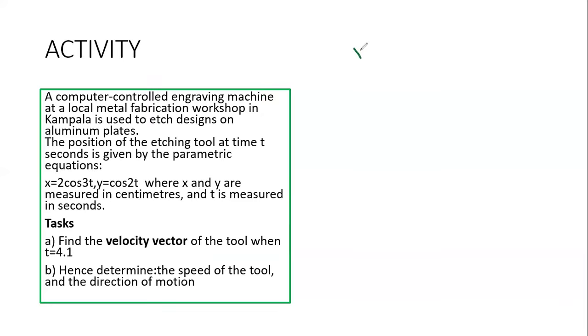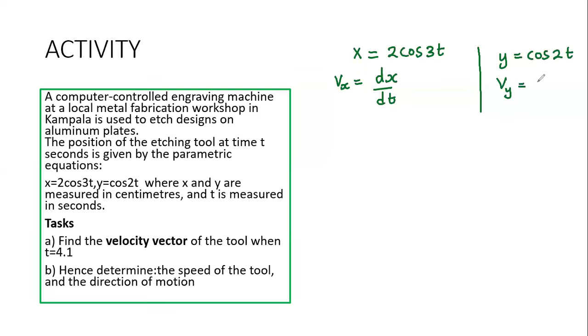So I'm going to first say that my X is equal to 2 cos of 3t. I'm going to define my velocity within the X direction as dx/dt. Then I'll define the one for y as y is equal to cos of 2t. So here I will say that my velocity along the y is going to be my dy/dt.